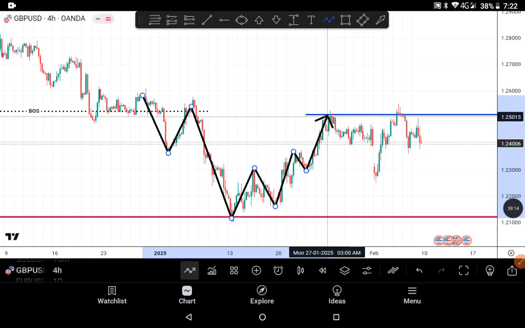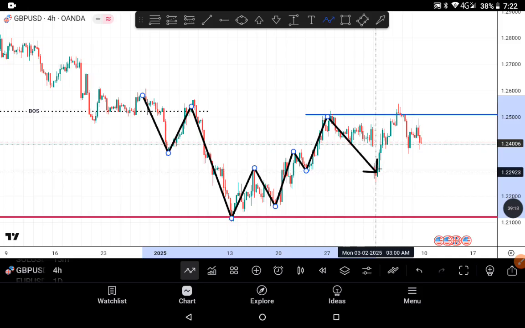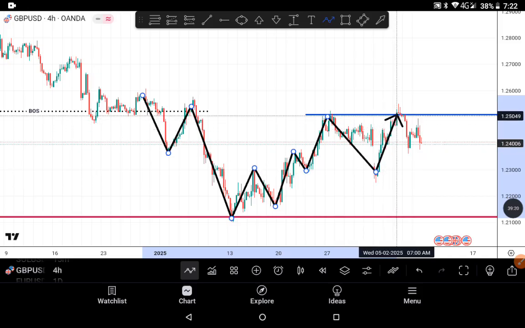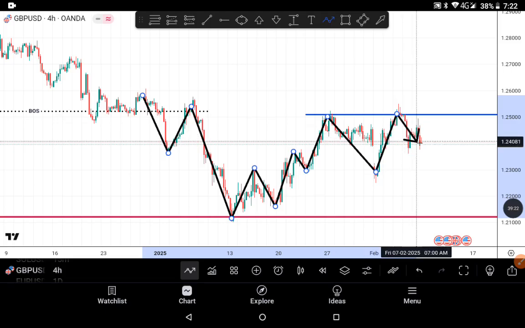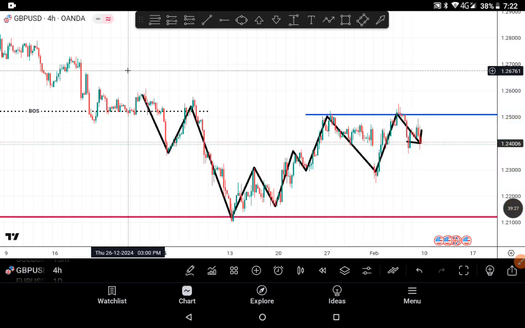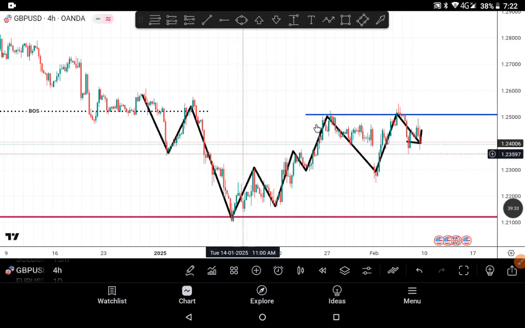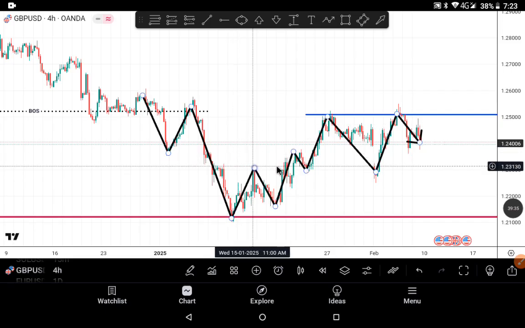So small correction, then higher high. From this higher high, it ranged and gave us another swing low, swing high, and now the market is at this point. So can you see that on the daily time frame the market hasn't changed its character, while on 4 hours the market has already changed its character at this point?